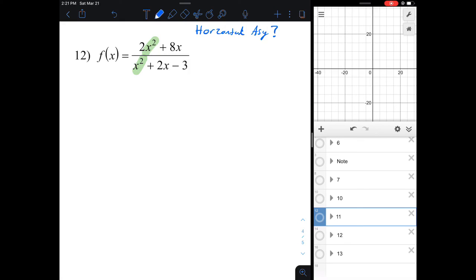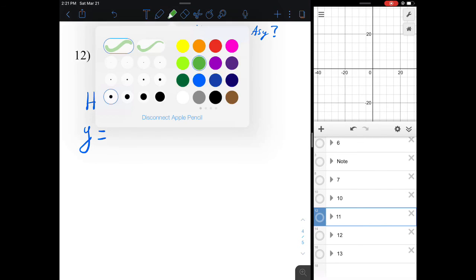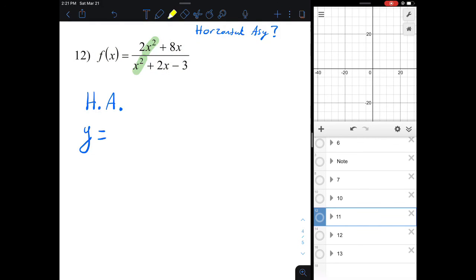So since both have that highest degree term of x, there will be a horizontal asymptote, and it's going to be at y equals the ratio of the coefficients again. Well, I have a coefficient of the x squared of 2 in the numerator, and I have a coefficient of 1 in front of the x squared of the denominator, which means the ratio of the coefficients, 2 divided by 1, means that the horizontal asymptote should be at y equals 2.